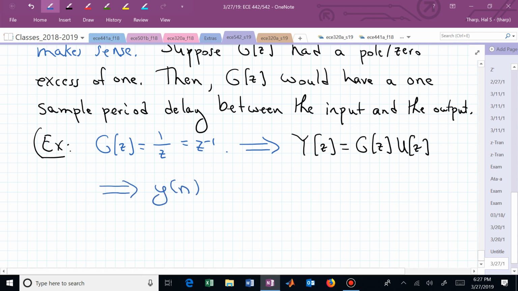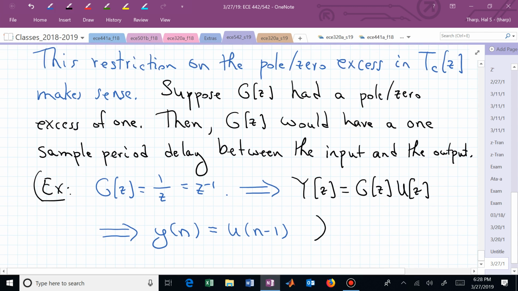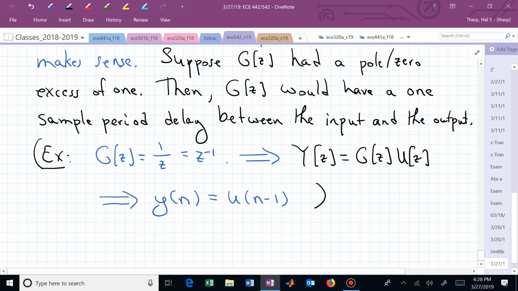We inverse z transform the left, we have y of n. We inverse z transform the right-hand side, and if it's just z to the minus 1 U of z, that's now u of n minus 1. That's what I mean by, this is a very simple example, but that's what happens if we had a plant that had a pole zero excess of 1. We would have a unit delay if that was how simple our plant was. So now we have a 1 sample period delay between the input and the output.